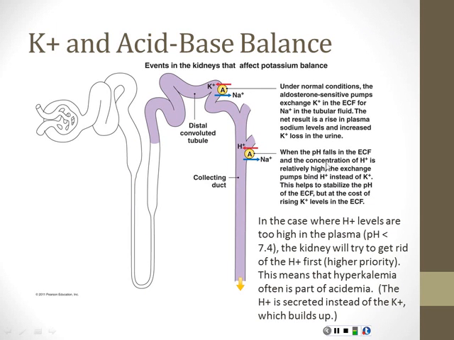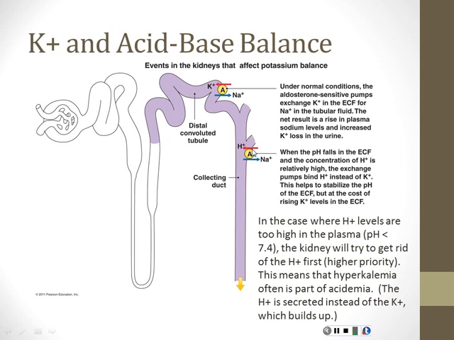Well, when the pH of the body is too low, in other words, when you have an acidosis, an excess of hydrogen ions around, we get a different effect. If the pH is too low, the H plus concentration is too high, that's a problem, right?